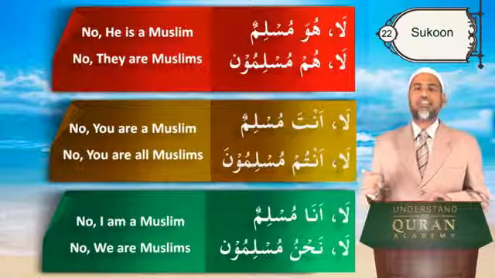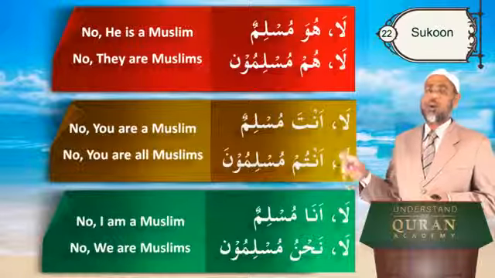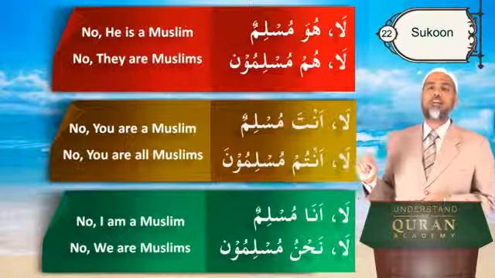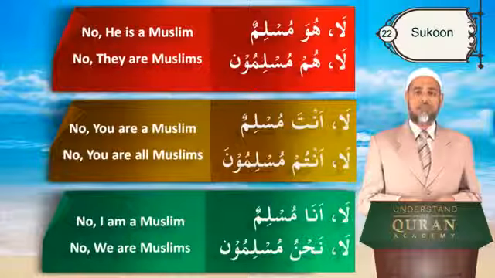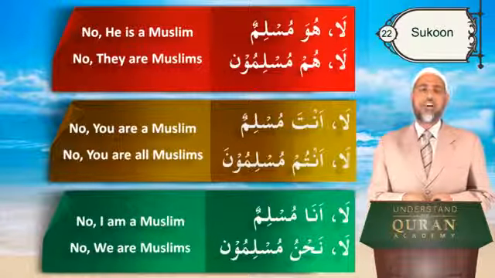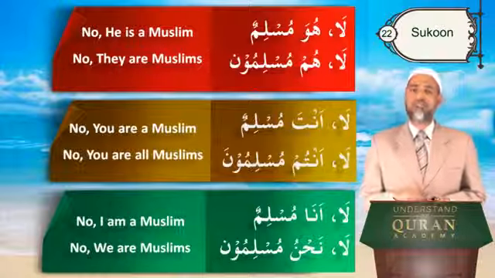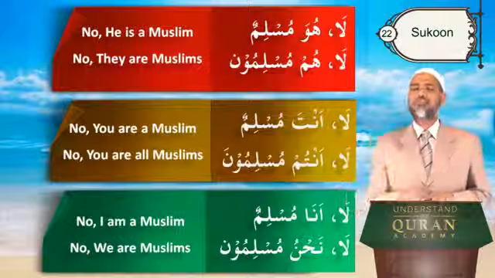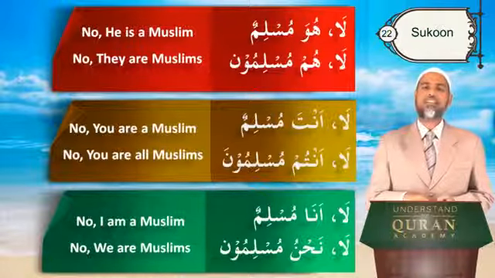Otherwise, everybody in general is a non-Muslim. But anyway, so you say la. No, huwa Muslim. He is a Muslim. La, hum Muslimun. No. They are Muslims. La, anta Muslim. La, antum Muslimun. La, ana Muslim. La, nahnu Muslimun. Basically, la means no. La means no.